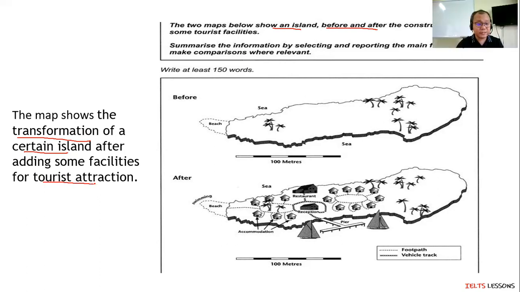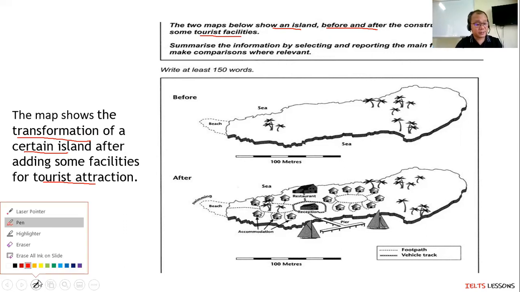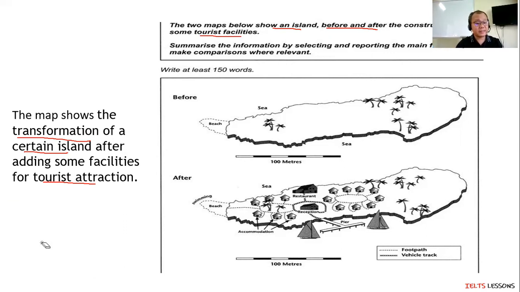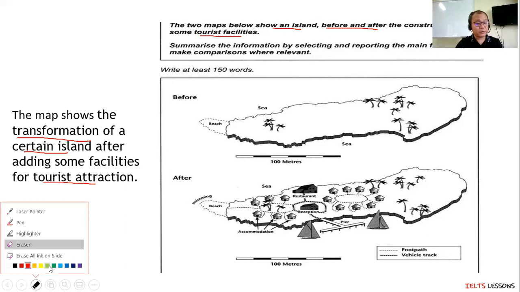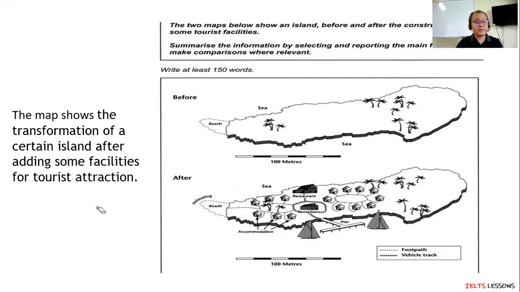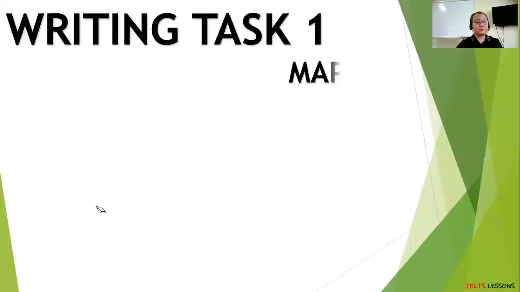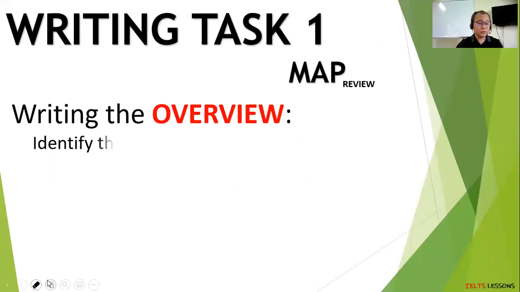All right, tourist attraction, tourist facilities. All right, very good, very easy. So basically, we just have to follow the order of information, plus we have to use synonyms. So that's going to make our introduction pretty much very easy to make. All right.